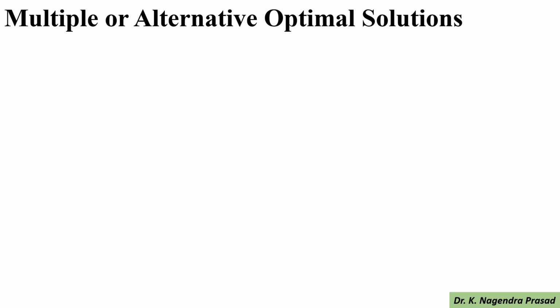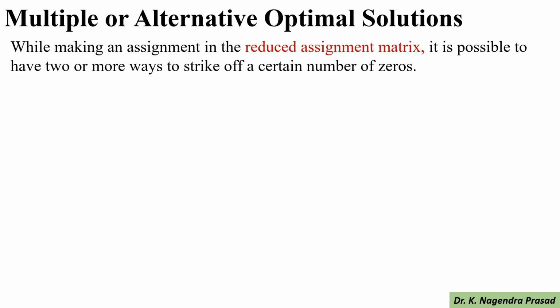In the present lecture, we will discuss the multiple or alternative optimal solution of assignment problem. The situation of getting more than one optimal solution with the same optimal value of the objective function is called multiple or alternative optimal solutions.